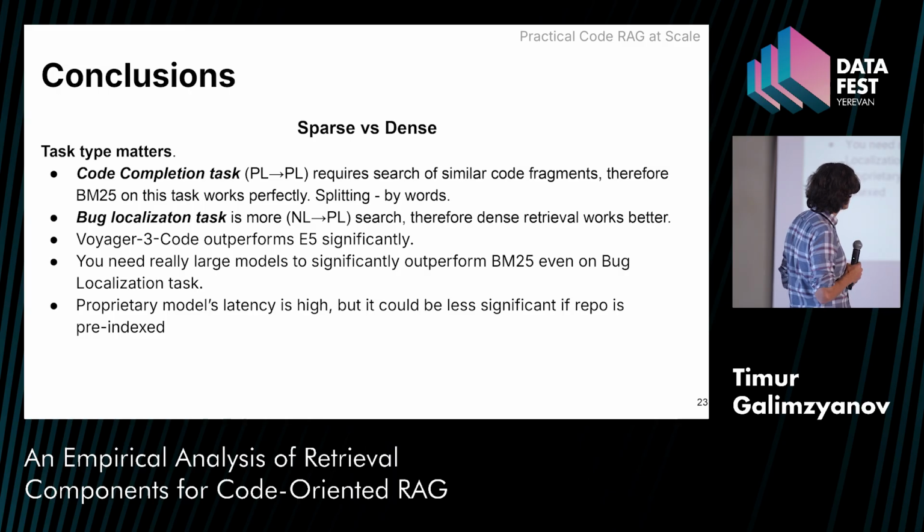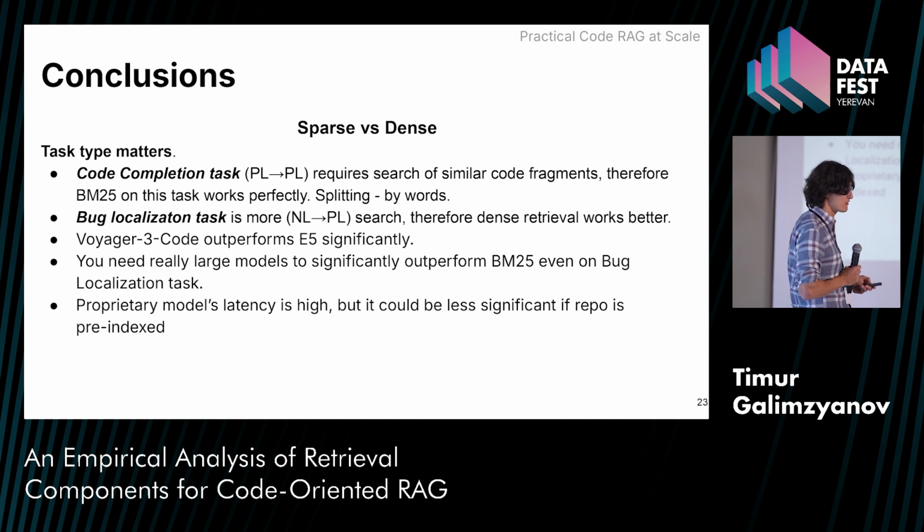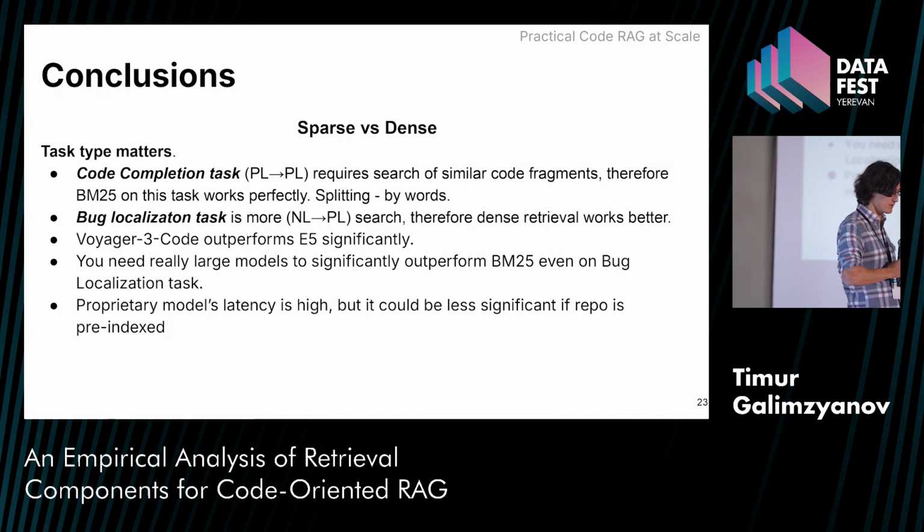But if your task is natural language to programming language, or you have plenty of time, like an assistant or an agent, you should look into embedders, and probably larger embedders, because E5 large, which is a 500 million parameter model, didn't work well for us.